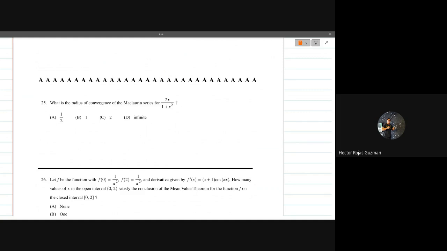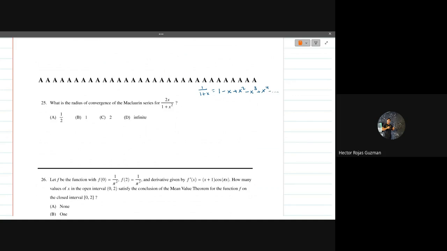So the way I approach this question, I'm not sure if it's the most effective, but I took my series for 1 over 1 plus x, and I wrote out my expanded series, which is 1 minus x plus x squared minus x cubed plus x to the power of 4, and so on.